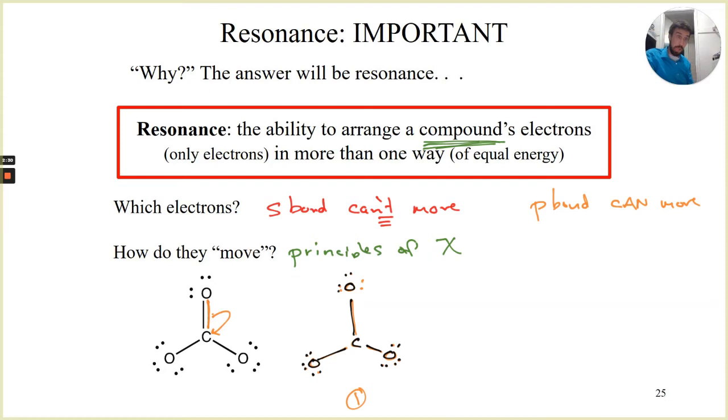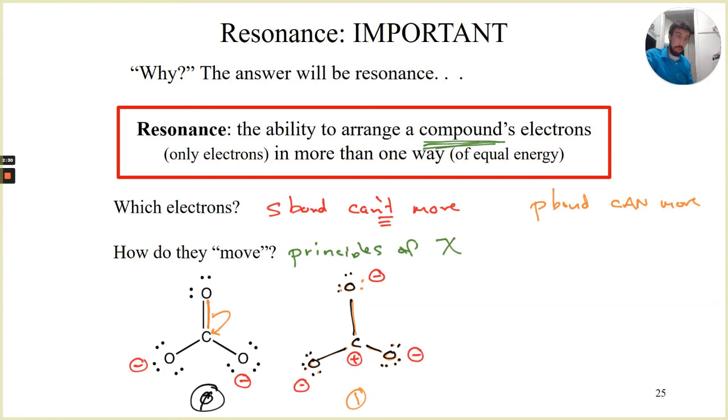Okay? Well, is structure 1 of equal energy to our structure 0? To decide that, we should really be looking at formal charges. And if we go through to calculate formal charges, which I'm going to allow you to pause the video here and calculate for yourself, you should find that each of our oxygens is negatively charged, but they were negatively charged to begin with too, and the carbon is positive.